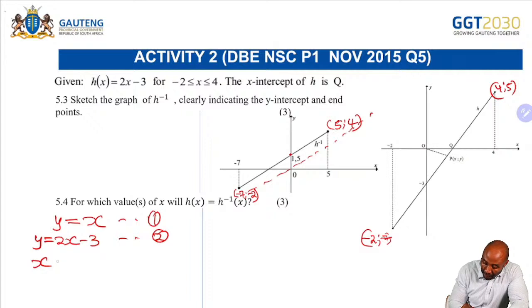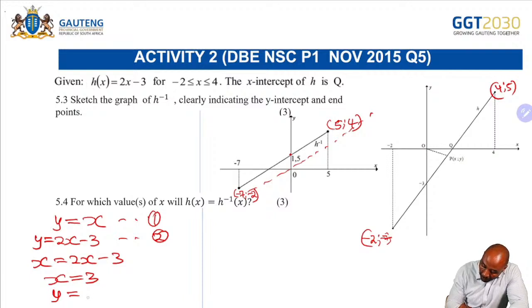We get x is equal to 2x minus 3, and this will give us x is equal to 3. We substitute: when x is 3, our y will also be equal to 3. So it means we want for which values of x will h of x be equal to h inverse x.